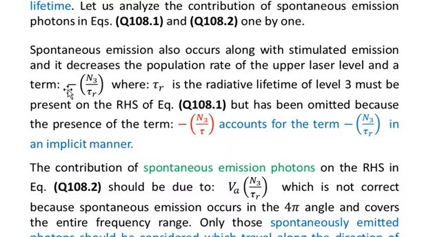This term, minus N3 over tau r, must be present on the right hand side in equation number 1, but has been omitted because the presence of the term minus N3 divided by tau accounts for the term minus N3 over tau r in an implicit manner.